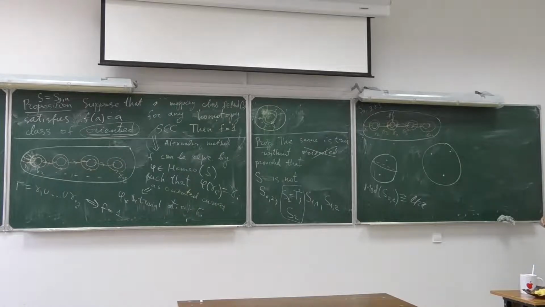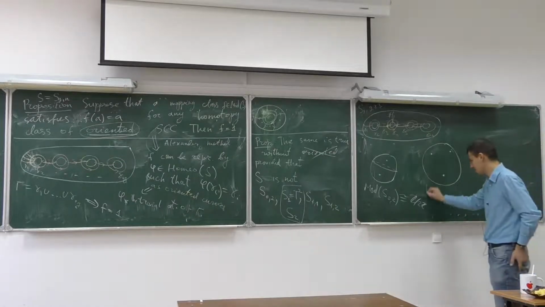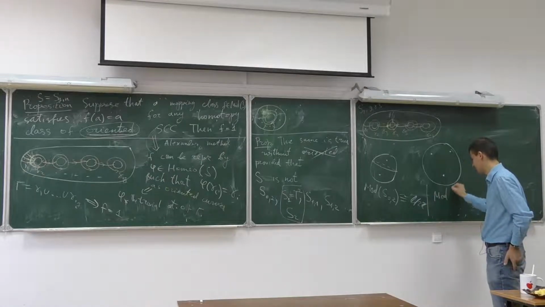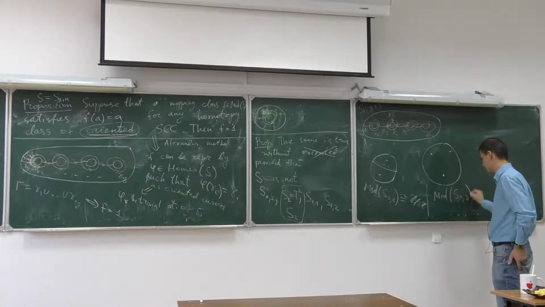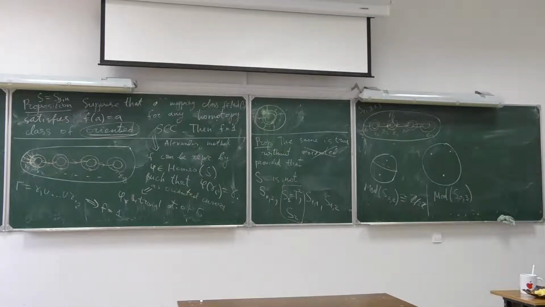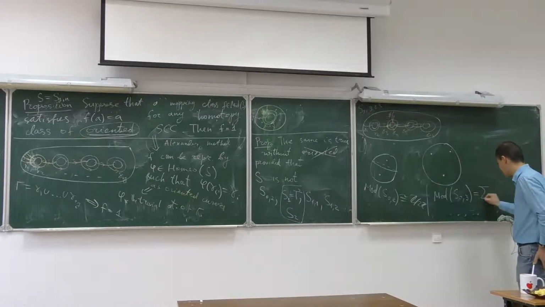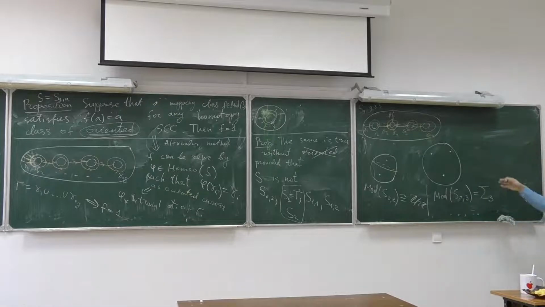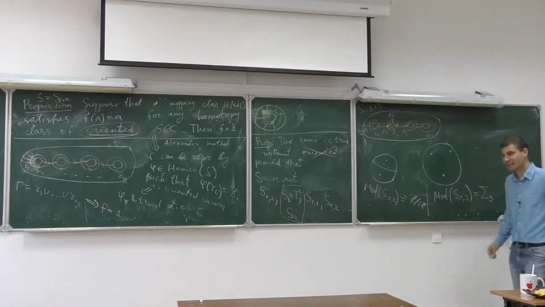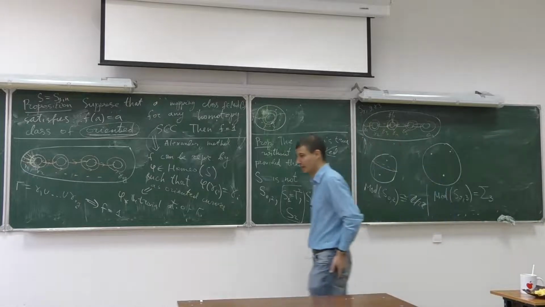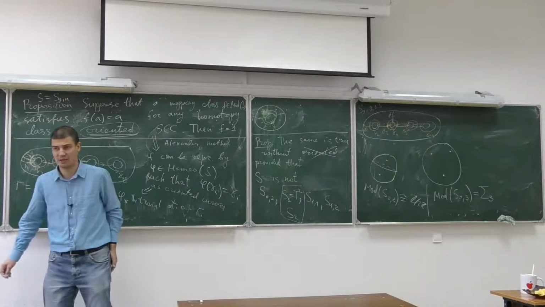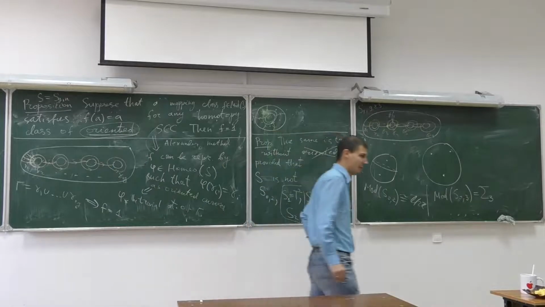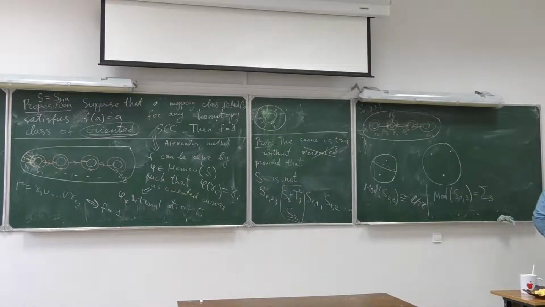Okay. What is the mapping class group here? I prefer to denote it by sigma 3 to distinguish from the surface of genus 3. It is the permutation group. Actually, if the punctures are fixed, then this is trivial.